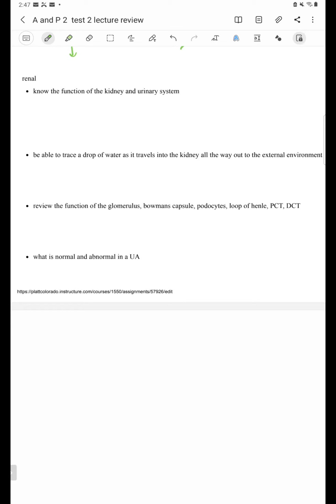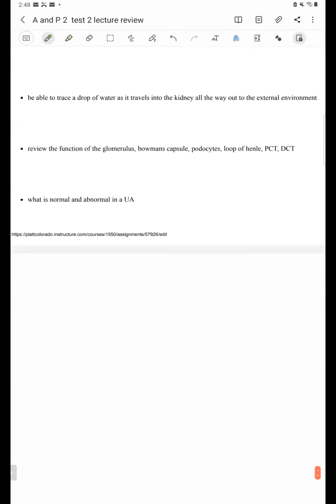Then you travel to the proximal convoluted tubule, loop of Henle, distal convoluted tubule, collecting duct, the renal calyces, the renal pelvis, and then into the ureter, and eventually stored in the urinary bladder, and then eventually you will void.